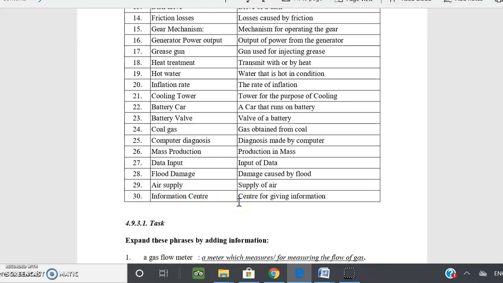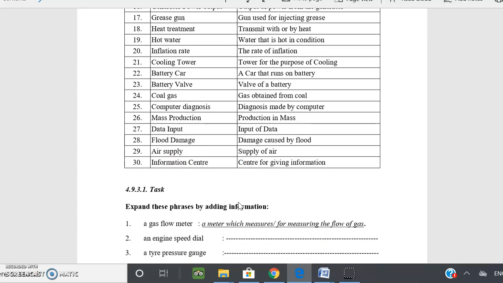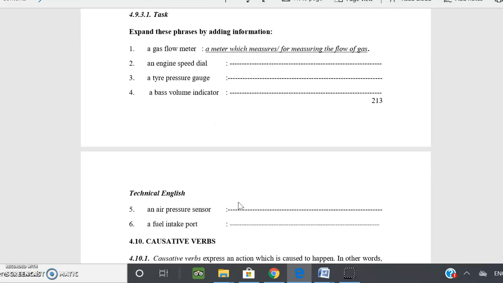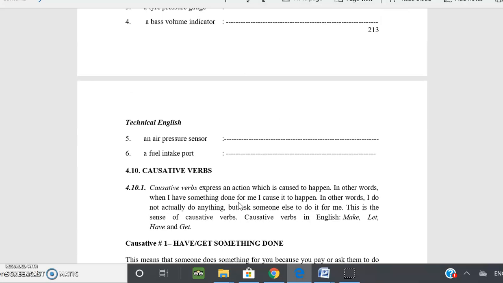So more notes will be shared with you. You just go through. When you are expanding, you have to expand by using a preposition. So you have some exercises, those phrases to be done.